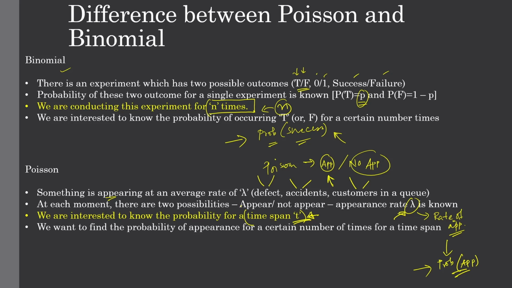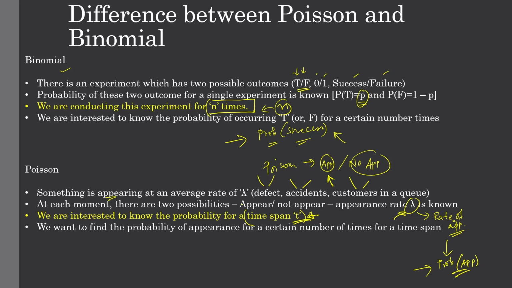Rather, we have a particular time span for which we want to answer the question: for that time span, what is the probability of getting the defect a certain number of times, right? But we don't have to define t or this time span as a separate parameter because we have already incorporated its effect within the very definition of lambda.